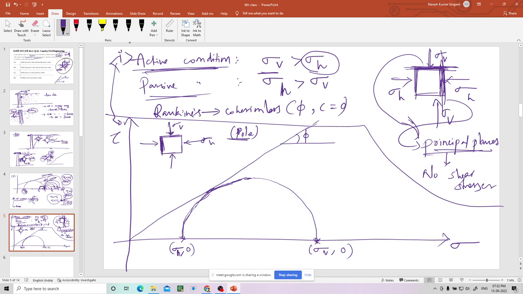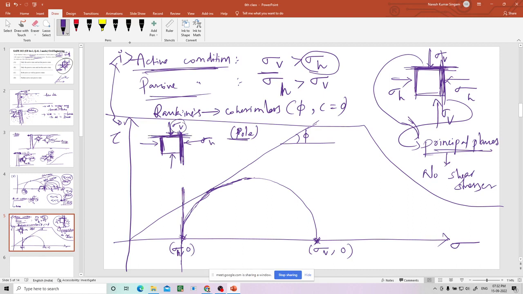What you have to do is, you know the 2 points, right? And you know where they act. Sigma h will act on a vertical plane, that's why you draw one vertical line through sigma h. And where is sigma v acting?